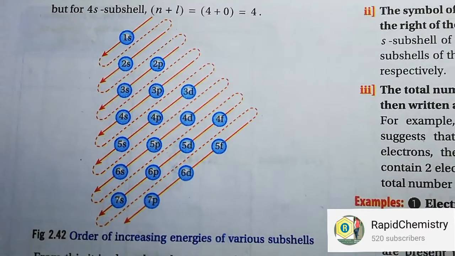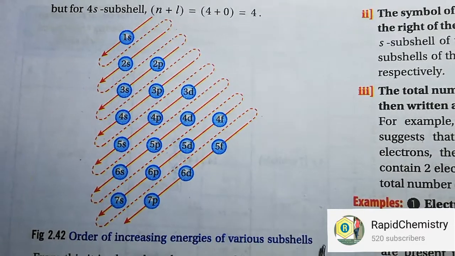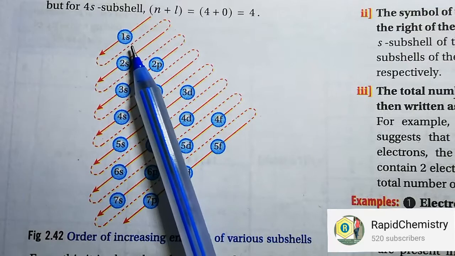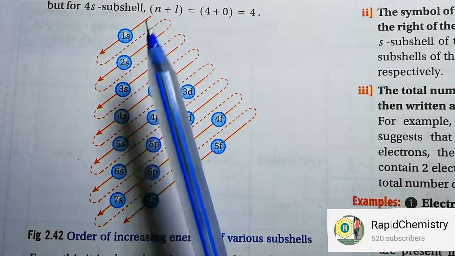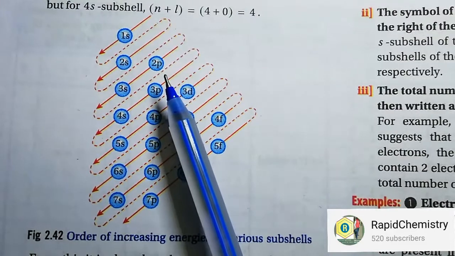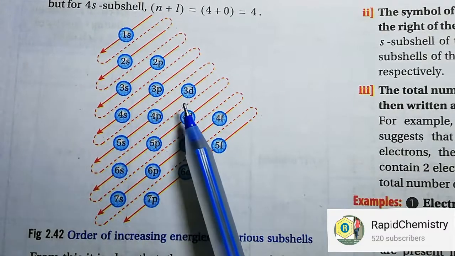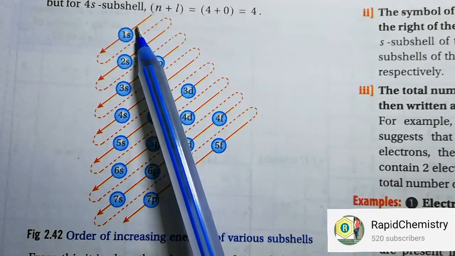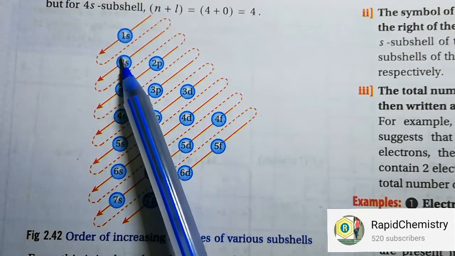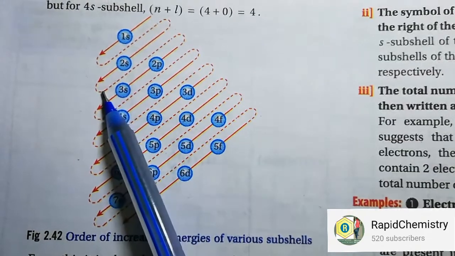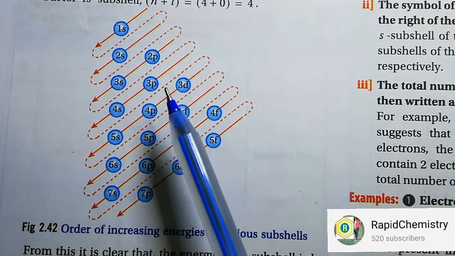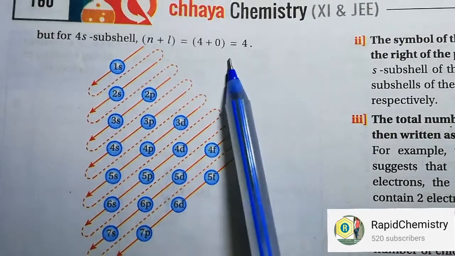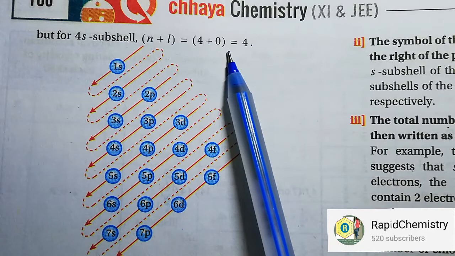Generally, electrons are filled in the subshell or orbital where the energy is minimum, and then continue to enter orbitals where the energy is more. So the electron will enter first in 1s, then 2s, then 2p, then 3s, and it will go on like that. For that we will learn one rule, the n plus l rule, which I will explain.